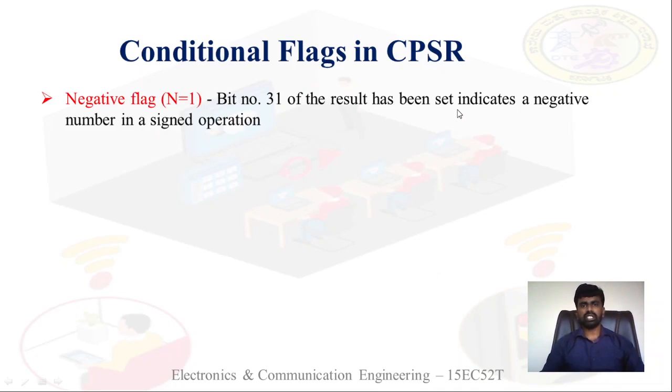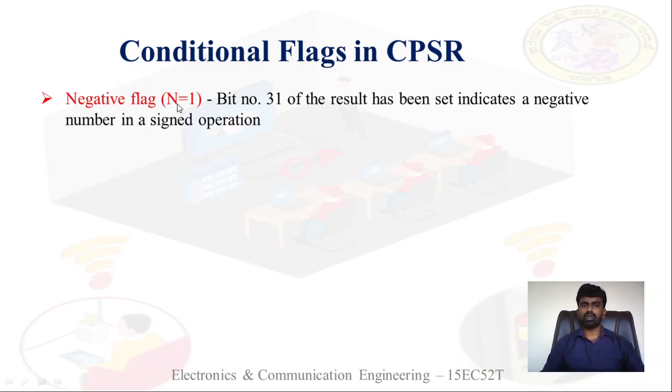First, the conditional flags in the CPSR. The first conditional flag is the negative flag. It reflects bit number 31, the MSB, of the result, indicating a negative number in a signed operation.